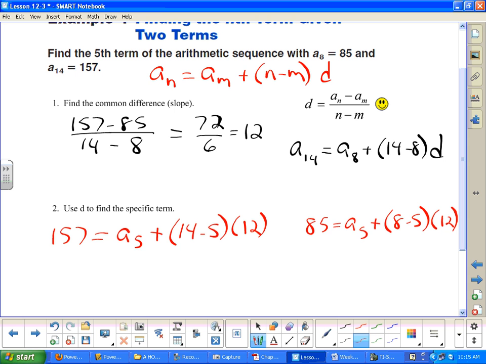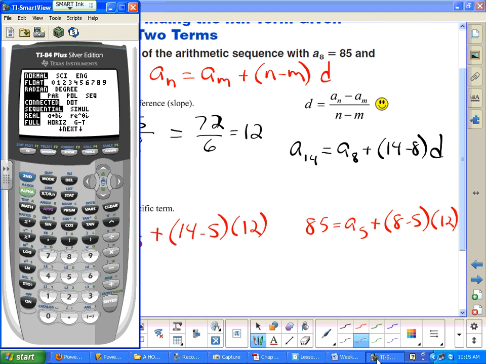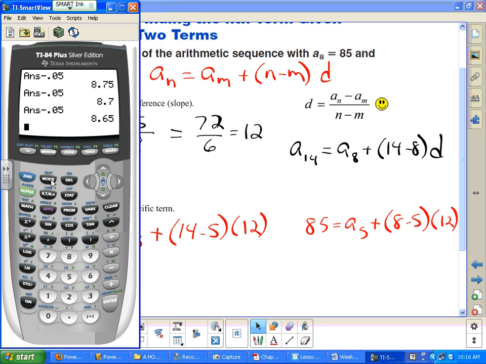Or, because I know that 85 is the 8th term, I could just do 85 minus 12, and that would give me the 7th term.